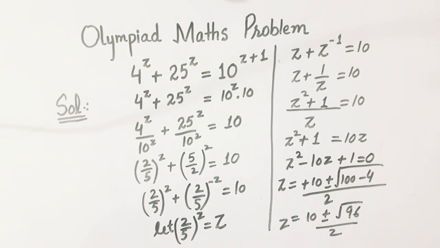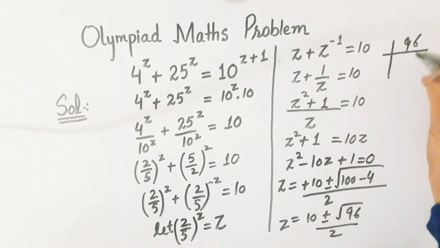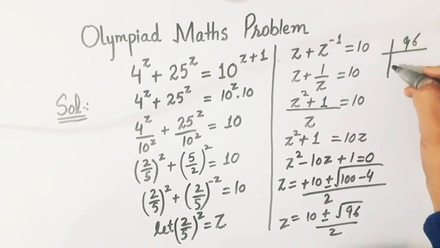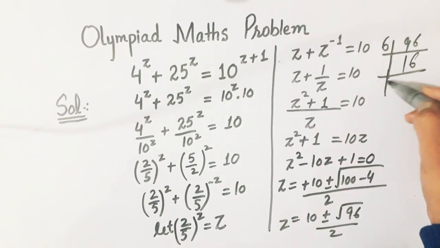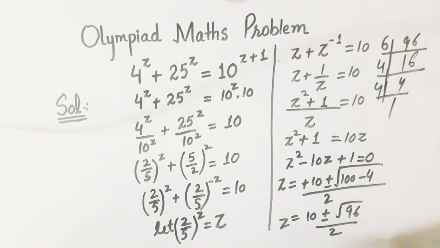So we got the value of Z. Now we have to solve 96. We will solve this in the table of 6. 6 1s are 6 and 6 6s are 36. Then 4 4s are 16 and 4 1s are 4.